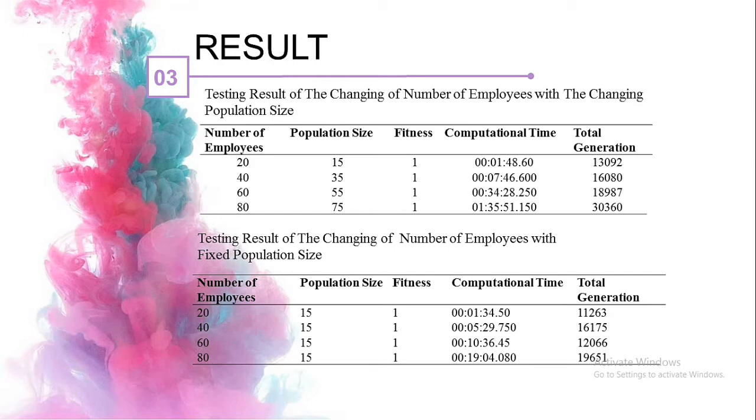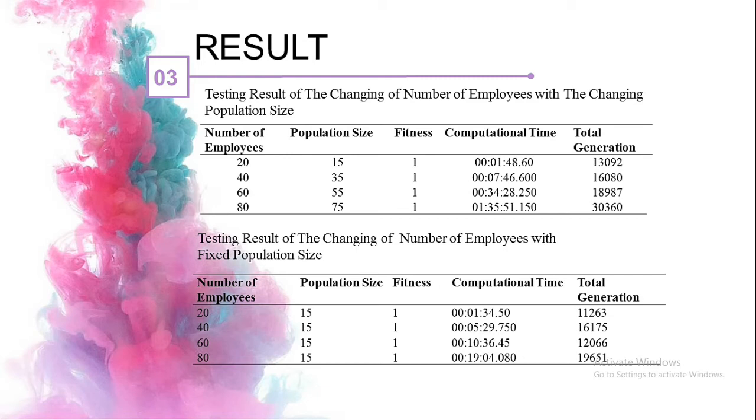In the first table, we present the change of number of employees and the change of population size. From the first table, we can take the insight that with the change of number of employees and the change of population size, this computation still has fitness value 1.